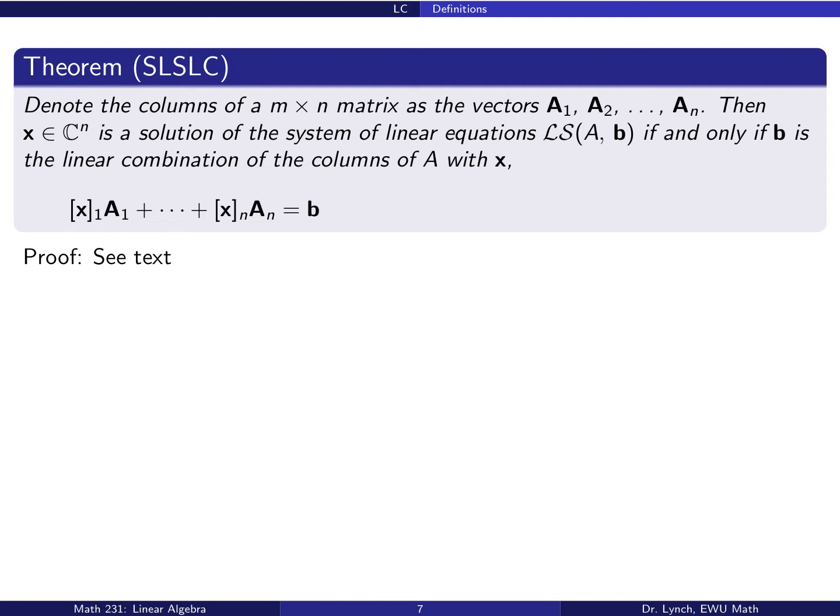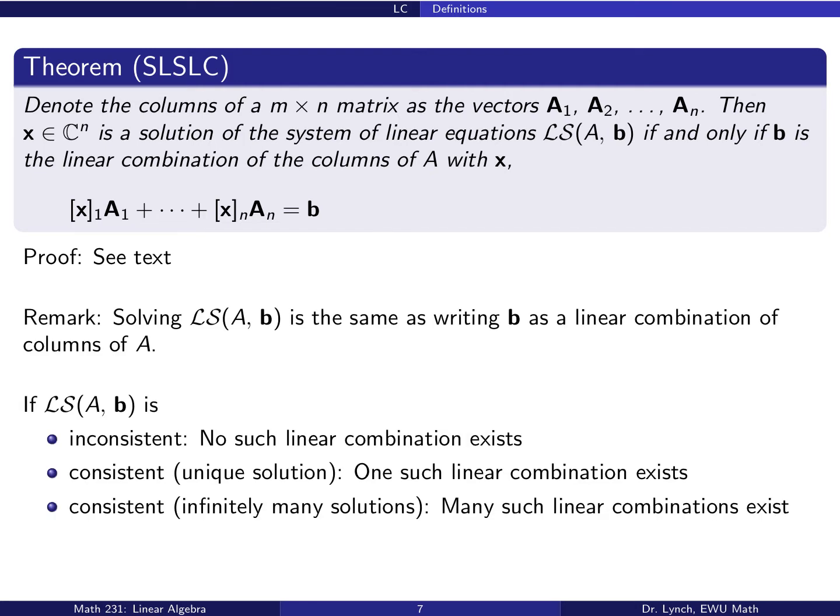So in other words, addressing the question of whether b can be written as a linear combination of column vectors a1 to an is exactly the same as addressing whether the linear system LS(A, b) has a solution.